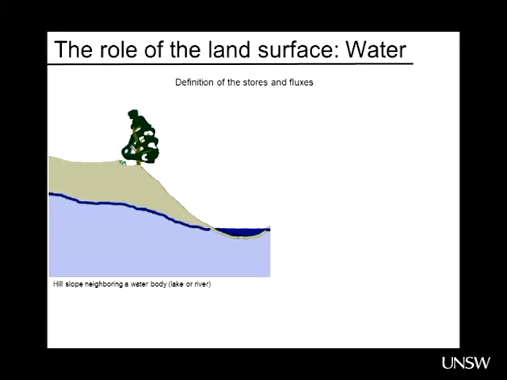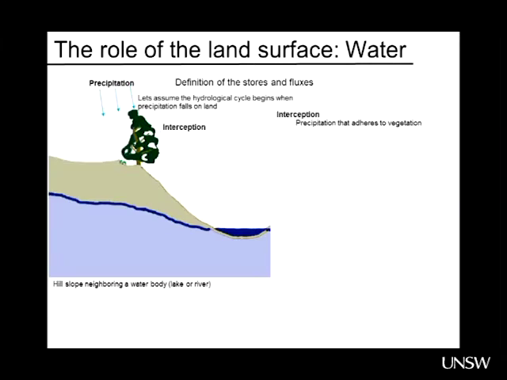Here's a slide from Mark, which just builds up the various components of the water balance. You have rainfall. It's difficult to think about moisture in the land surface without starting with rainfall. Interception. Water's captured by leaves very effectively. Throughfall is the water that is intercepted that then drips to the surface.